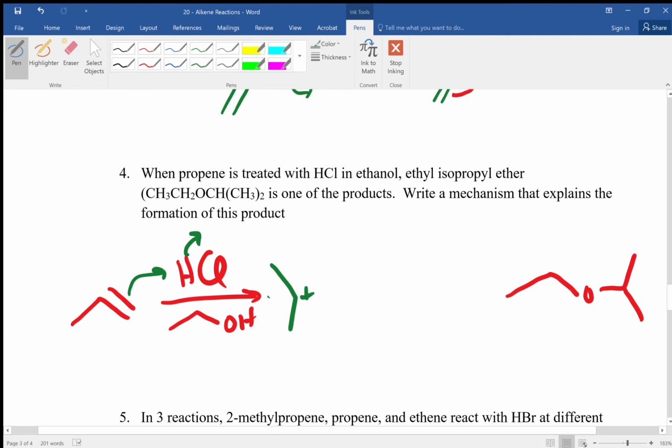Normally in this reaction we then get water to attack and form an alcohol. But if we have an alcohol here, ethanol, that's present, that can function as the nucleophile instead, and after it loses a hydrogen, it's going to give us an ether as the product.